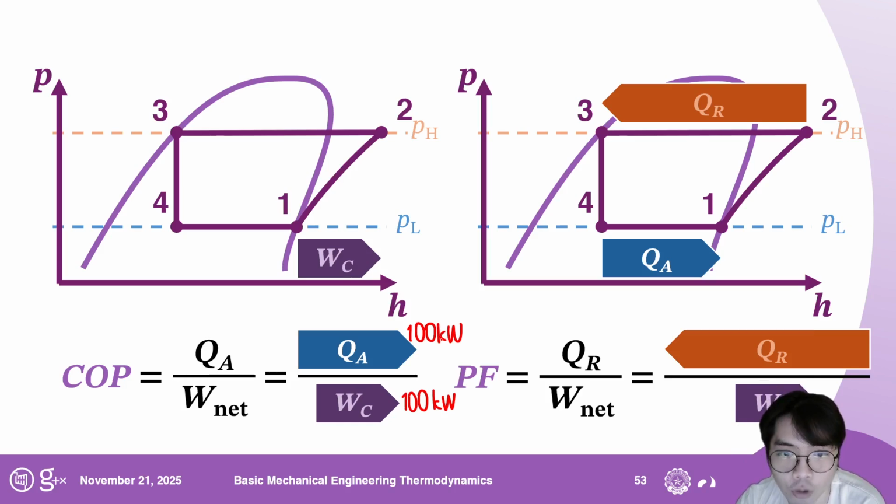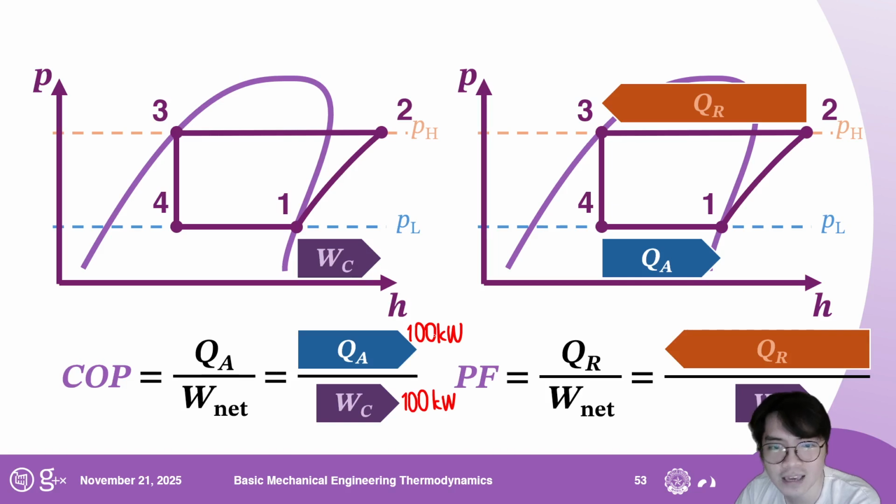COP normally goes above 1, and that doesn't mean that a lower COP is bad. At the very least, it provides some cooling. COPs for domestic refrigerators or domestic air conditioners are about 2, 3, or 4. Sometimes 5 is a little bit suspiciously high, but we can take that.